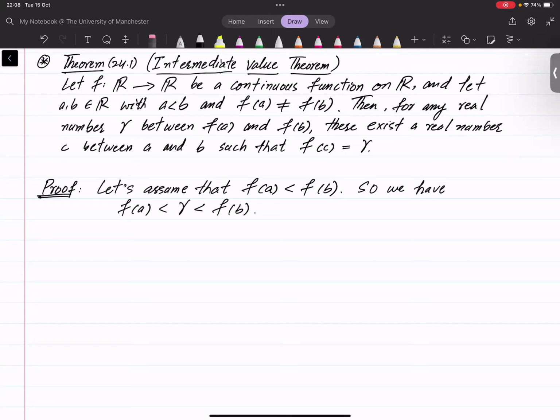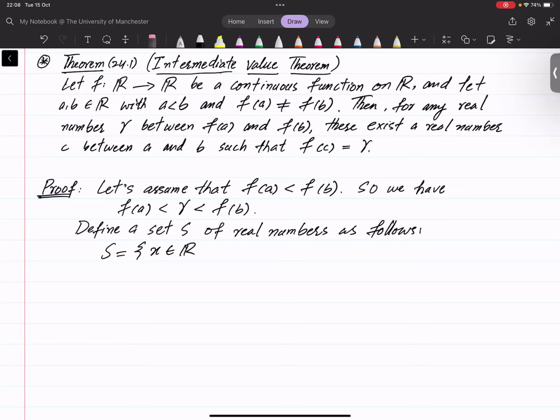Now define a set of real numbers as follows. S contains real numbers x such that x is less than or equal to b, and f of x is less than gamma.